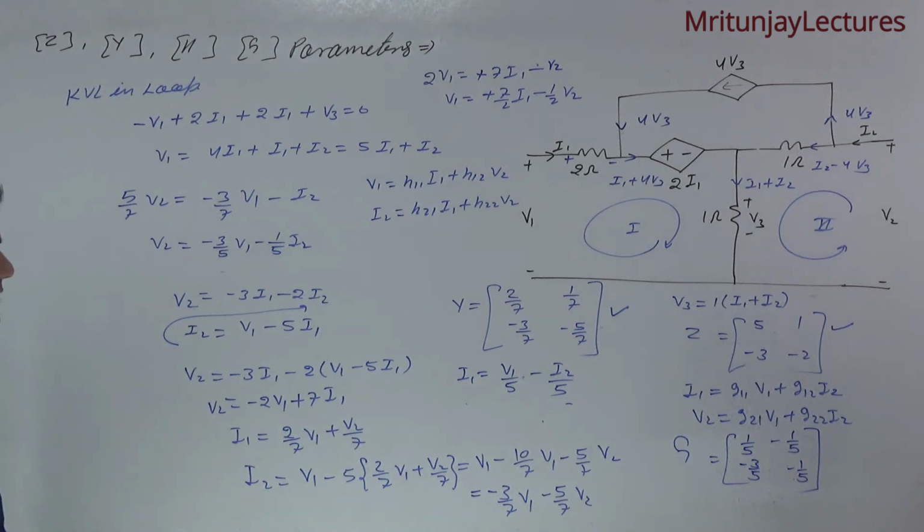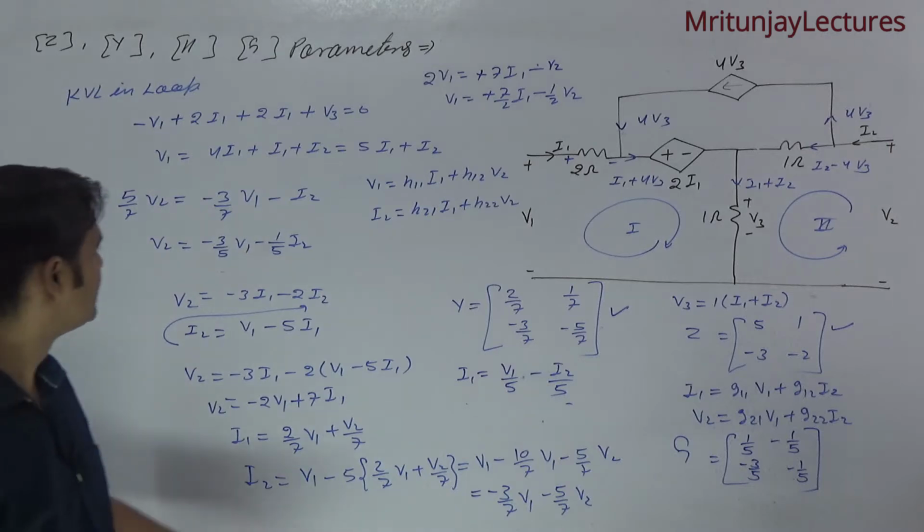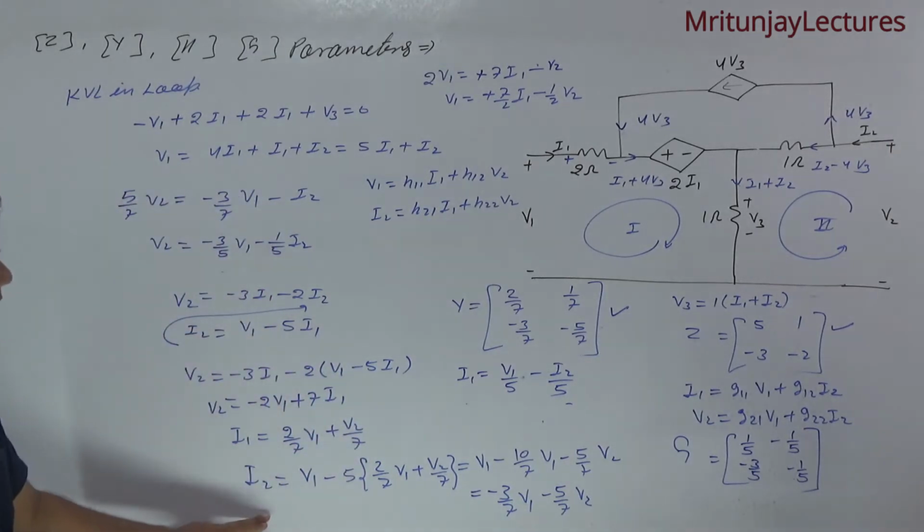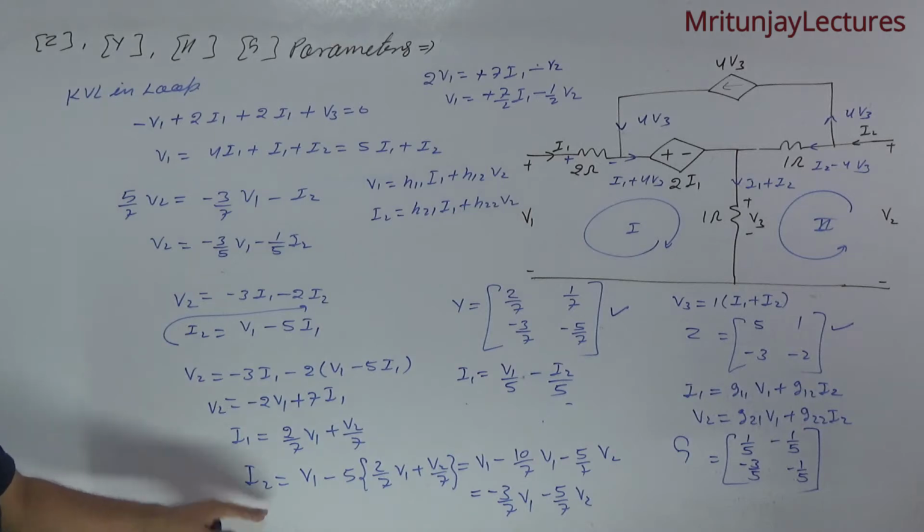Now the next target is I2. What about I2 in terms of I1 and V2?